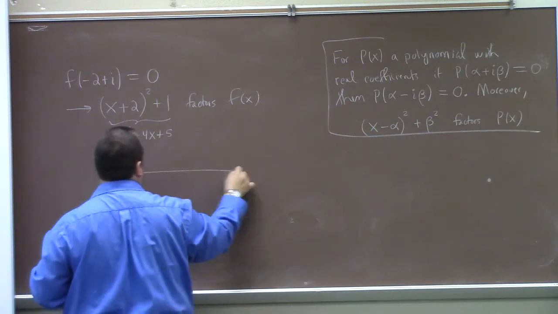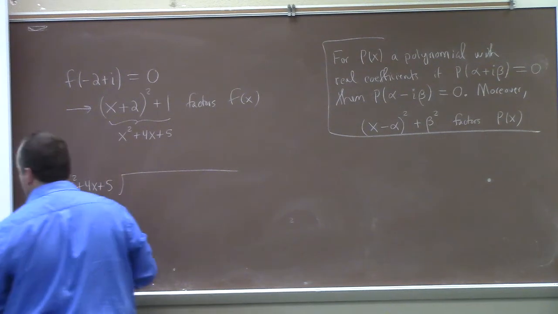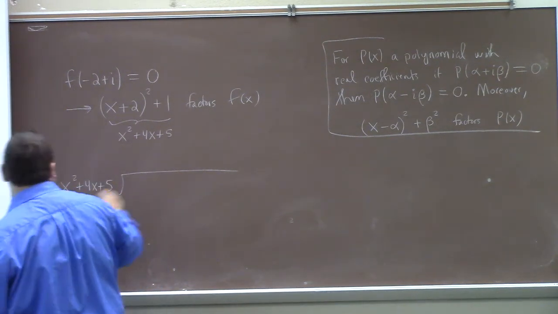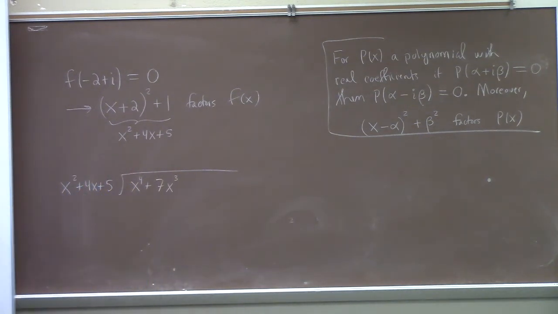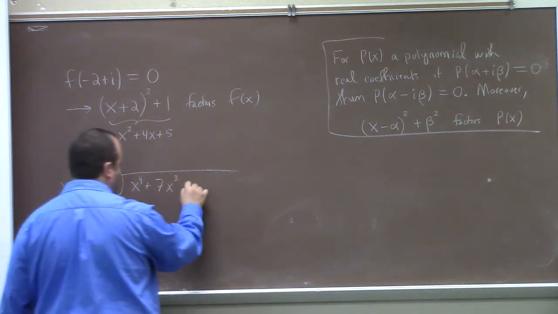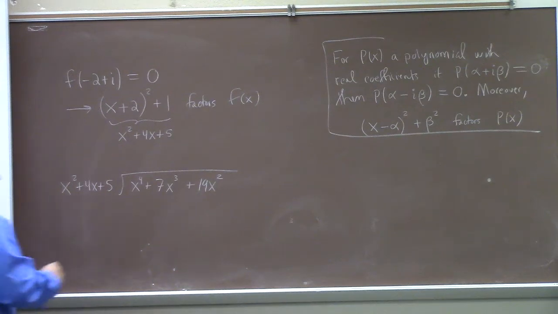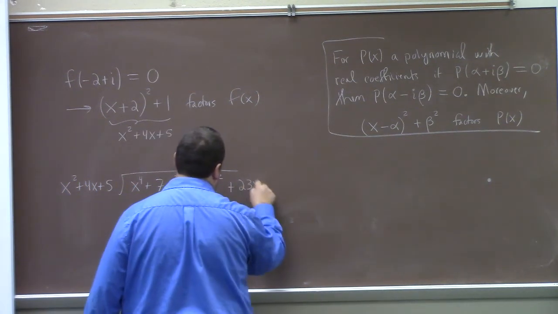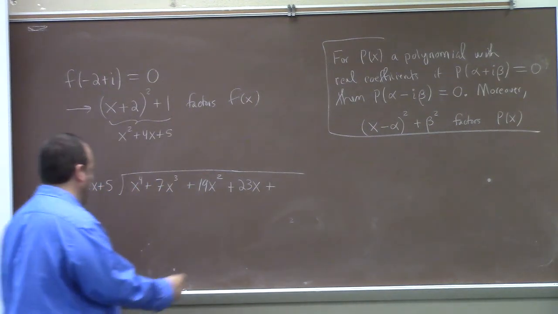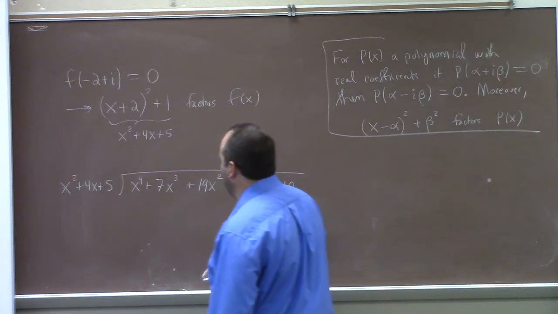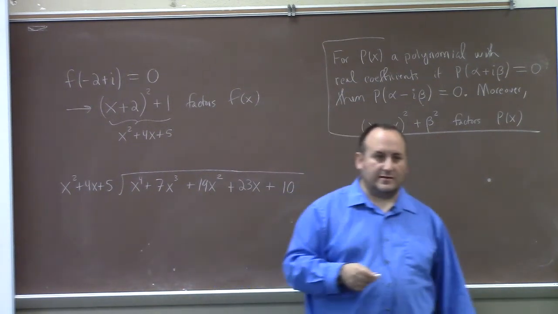So what I'll do is divide x squared plus 4x plus 5 into the given quartic, plus 10, right? If I want to factor this out of that, I think long division is the easy way to do it.